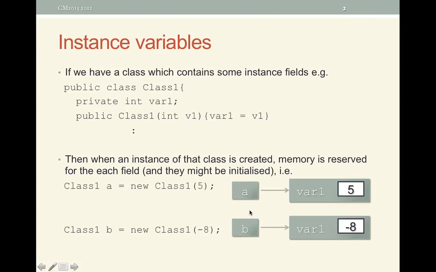Similarly for B, if we declared that with -8, a different instance variable for var1 with a different value would be created in a different bit of memory. Okay, so that's instance variables.